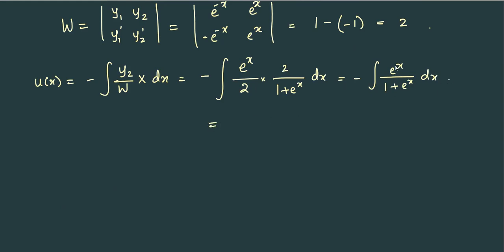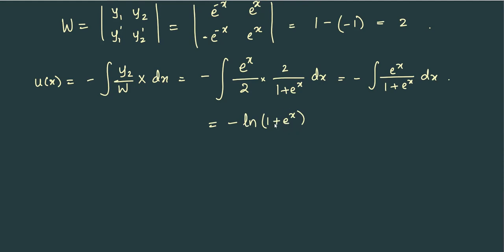The numerator is the derivative of the denominator. If we differentiate the denominator, we get the numerator. So this is of the form integral f dash x upon f of x dx. The integral will be log mod f of x. So the integral is this, of course, modulus of 1 plus e power x.